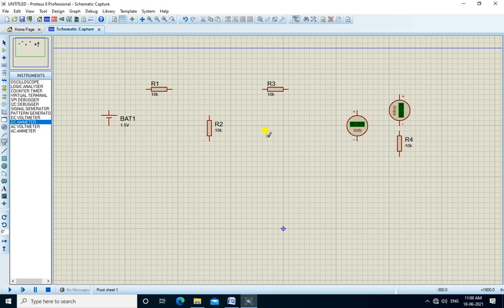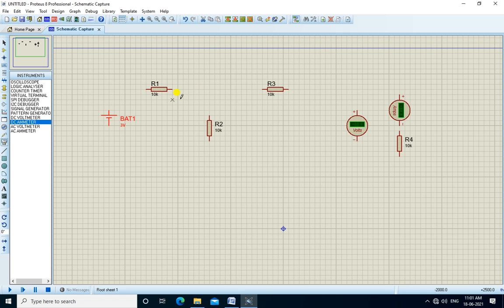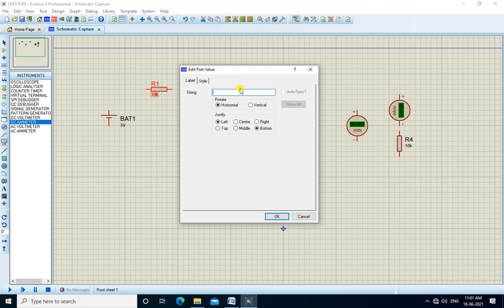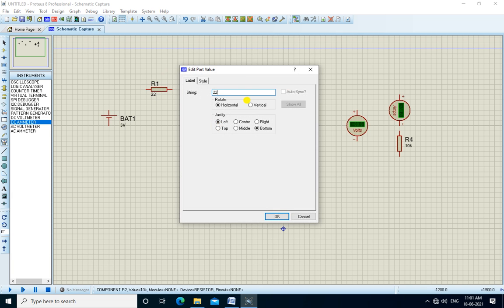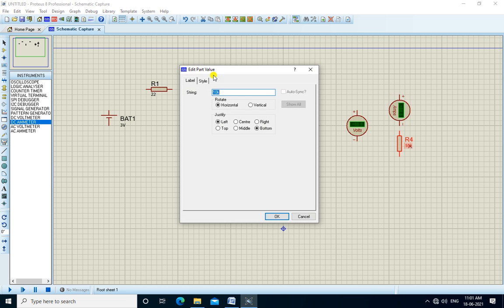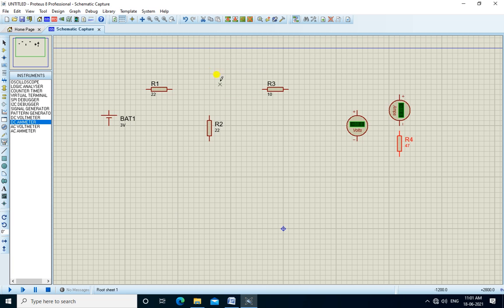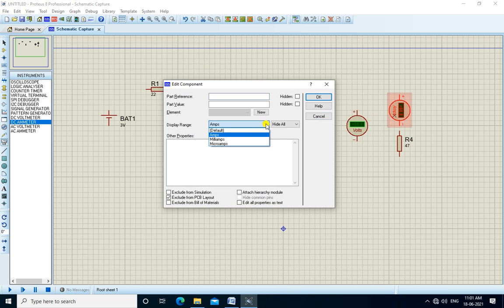Okay. Now we change the values of all the components. We need a 3 volt DC supply, so I change it to 3 volt. R1 is 22 ohm, R2 is 22 ohm, R3 is 10 ohm, and RL is 47 ohm. And I change the ammeter range to milliamps.